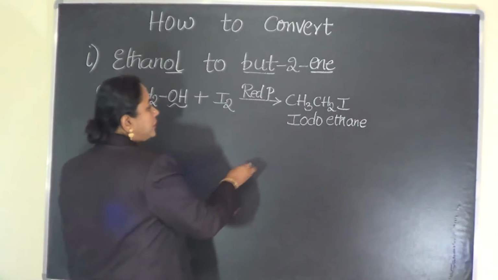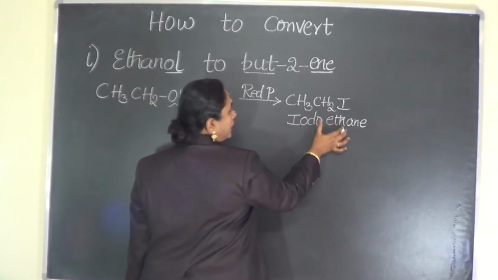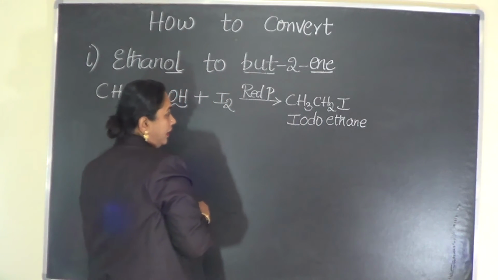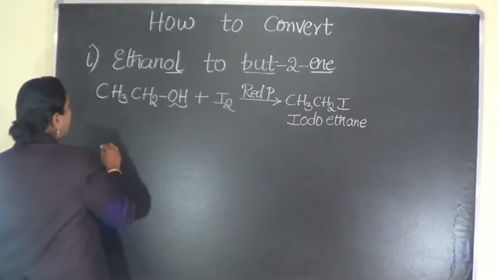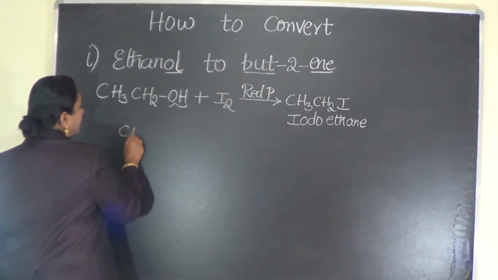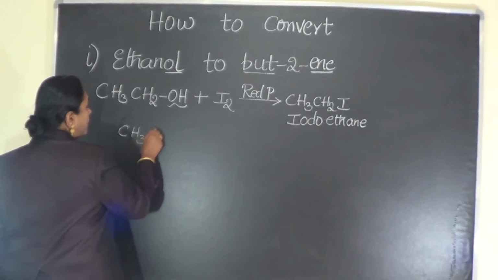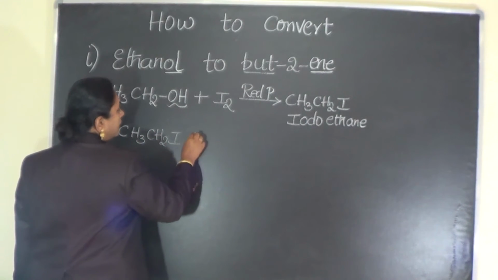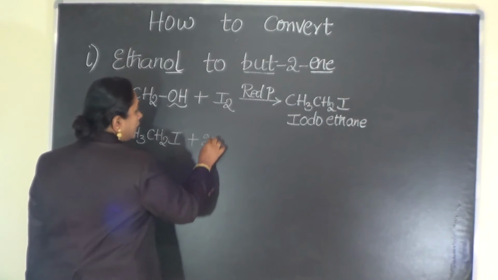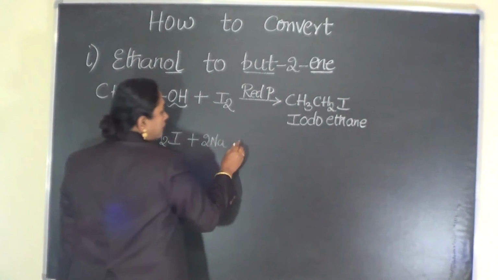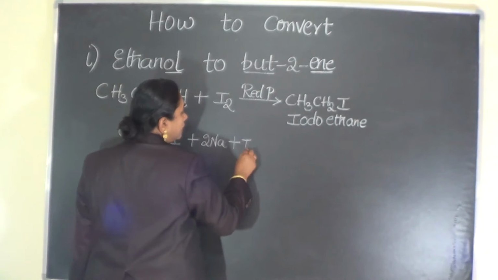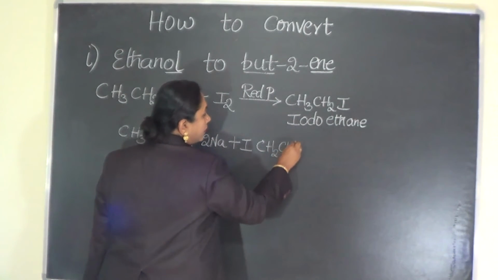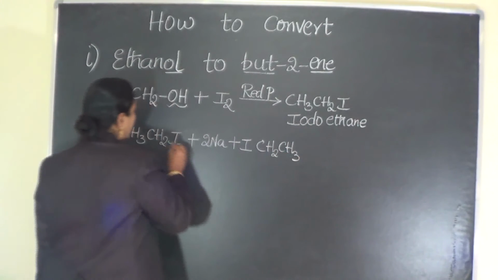Now we need to convert this iodoethane to butane, a higher alkane. That can be brought about by treating this iodoethane, which is an alkyl halide, with sodium in dry ether. That means we are carrying out Wurtz reaction.